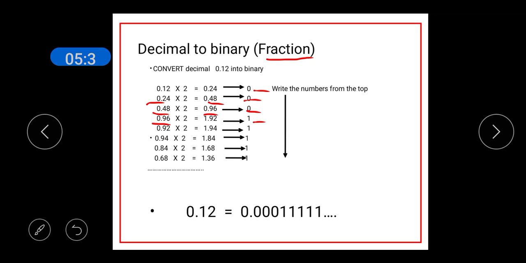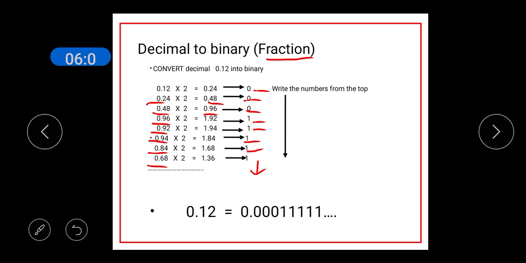1 is retained, 0.92 is taken to the other side, multiply it by 2, we get 1.84. Again 1 is retained, 0.84 is taken to the other side and multiplied by 2 to get 1.68. 1 is retained, 0.68 is multiplied by 2 to get 1.36, and this continues.